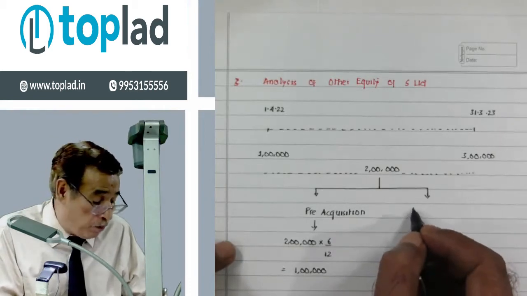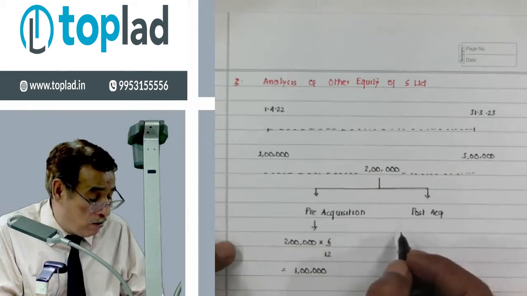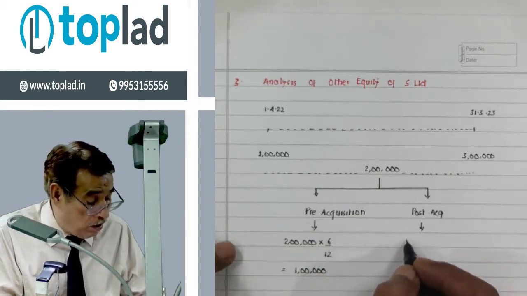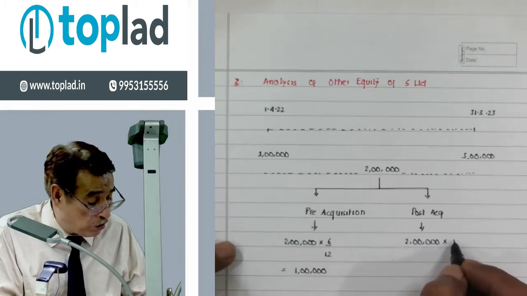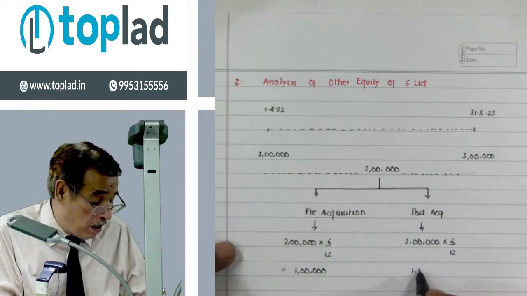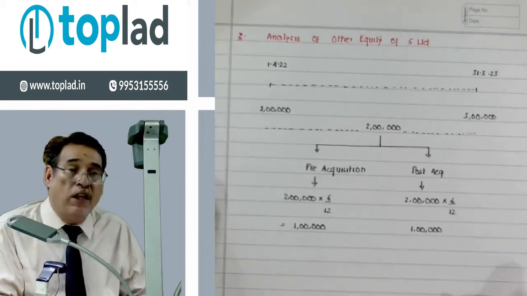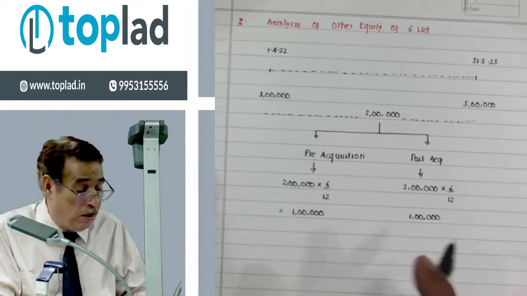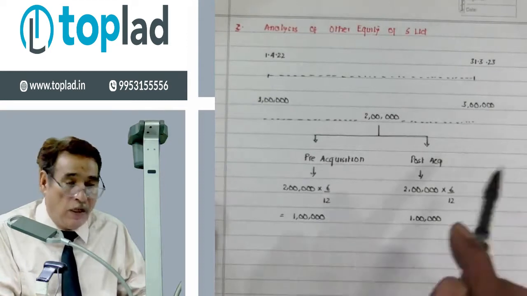While in the post period, 2 lakh into 6 months. So unlike the previous question, when control was acquired in the beginning, entire profits which subsidiary company earned during the year were categorized as post-acquisition period. In this case, control was acquired midway, somewhere in between the accounting year.